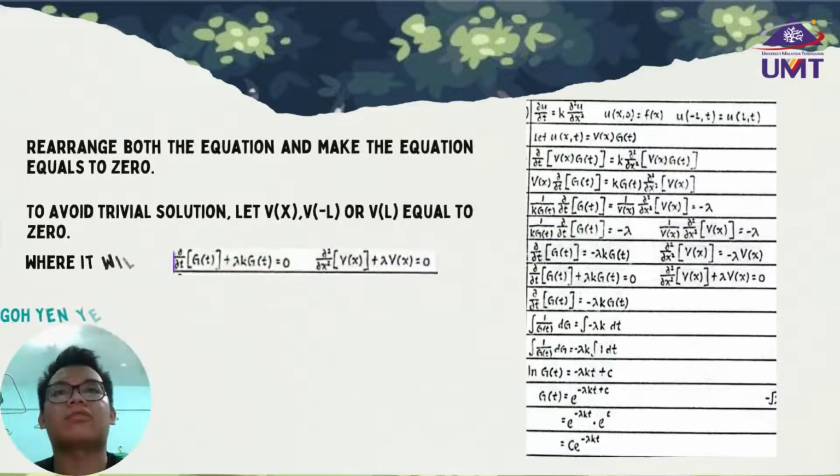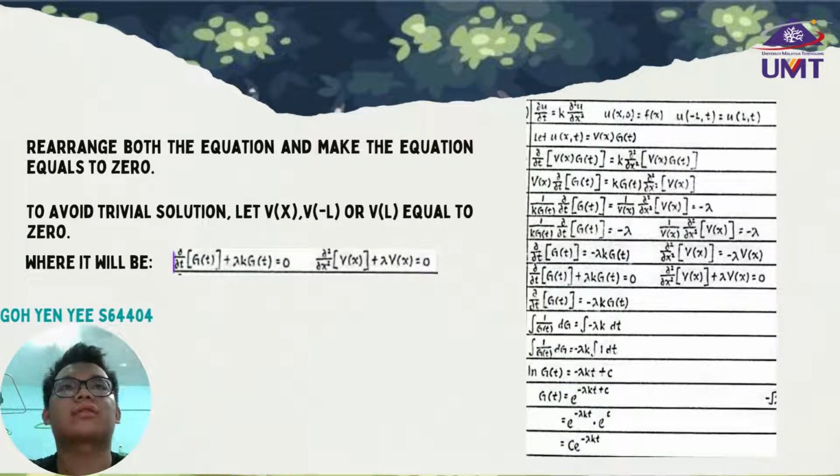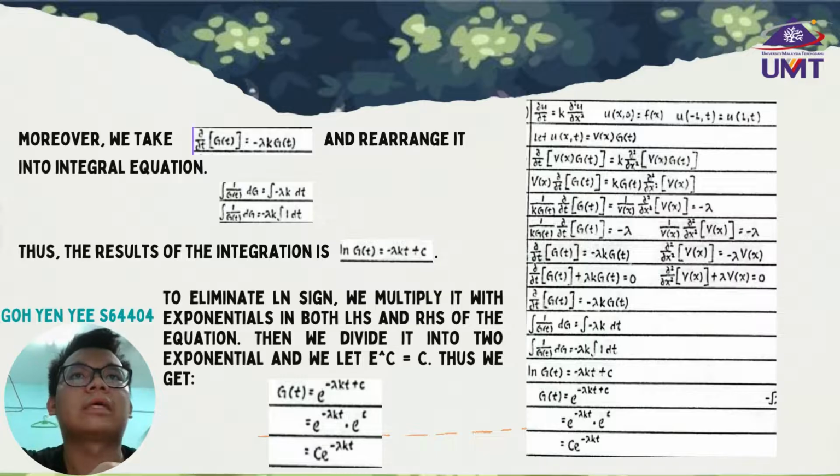To avoid the trivial solution, we choose v(x) not equal to 0 and v(-L) equal to v(L). After that, we take d over dt g(t) plus lambda k g(t) equal to 0, and we rearrange it into d over dt g(t) equal to negative lambda k g(t), and then we integrate it, and we will get ln g(t) equal to negative lambda k t plus c.